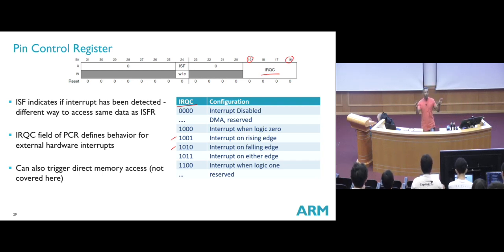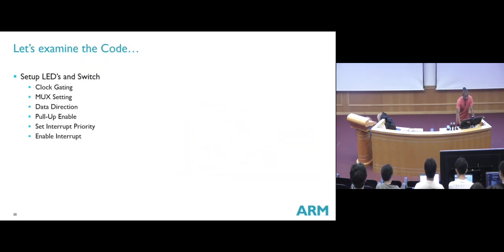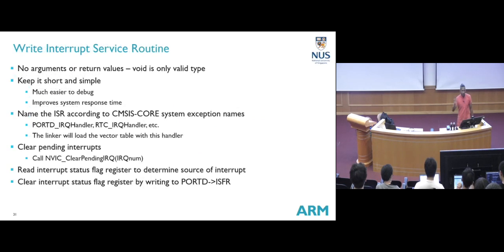There are already built-in macro functions in the header file which we will use. So we don't need to directly go to each register and find out which bits. We can use the built-in macro functions and they will help us to set these bits for us, which we will look at in the code. So let's come to the code and the demo part later.